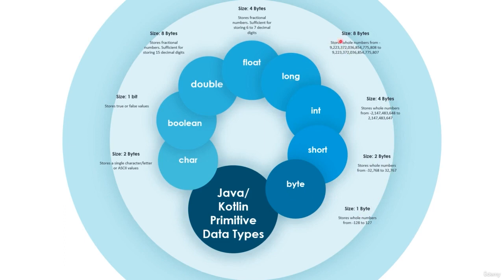The long data type can store whole numbers from this negative number to this positive number. This is used when the int is not large enough to store the value. Optionally, you can end the value with an L letter. We will see it in practice in the IDE.